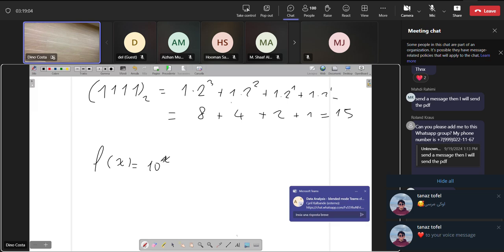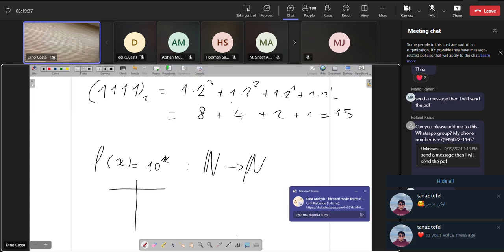One can observe that, since we have 10 fingers, this is the only motivation why we use base 10. With 2 fingers, maybe we would use base 2. But since we have 10, we observe that this function goes from the natural numbers to the natural numbers.